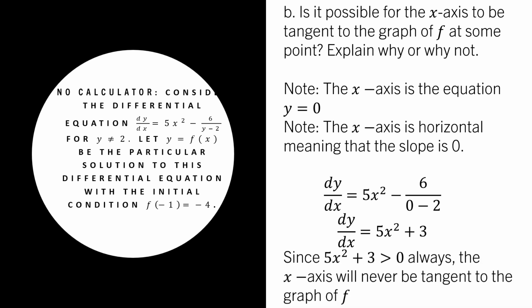Simplifying that out, I get 5x squared plus 3. And I do know that 5x squared, because that is something being squared, plus a number is always greater than 0. So that means the x-axis will never be tangent because it's never going to have a slope of 0. Right? It's always going to be greater than 0.